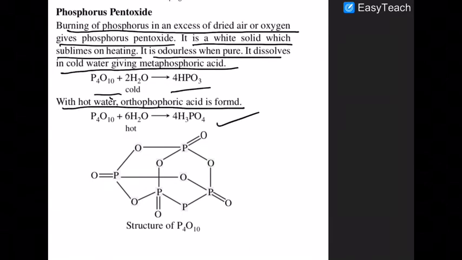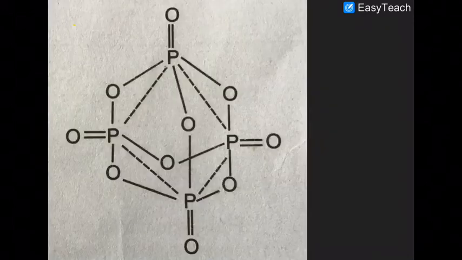So remember that when P4O10 is dissolved in cold water you will get metaphosphoric acid, but in hot water you will get phosphoric acid. That is the main difference you have to understand here.